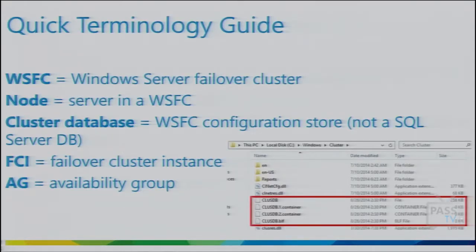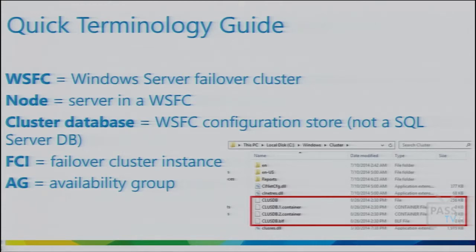All right, so before I go anywhere, I want to level set on some terminology and some acronyms that I'm going to be using during this talk. First and foremost, when I talk about a Windows failover cluster, it's a WSFC. That's your Windows level clustering. A node is a server that participates in the Windows failover cluster. The cluster has something called a database.